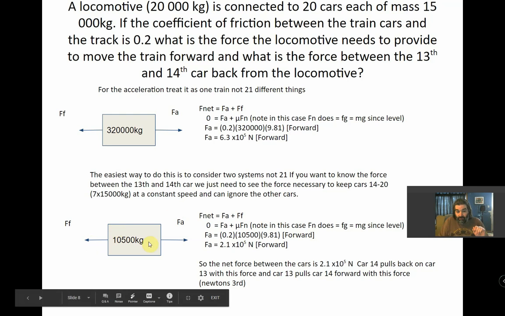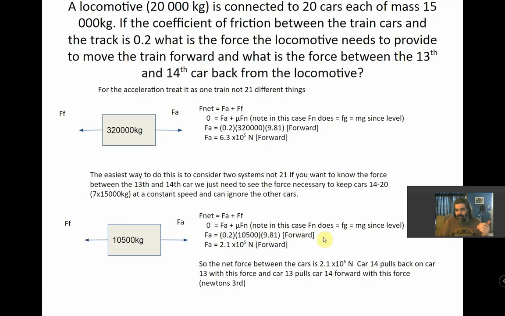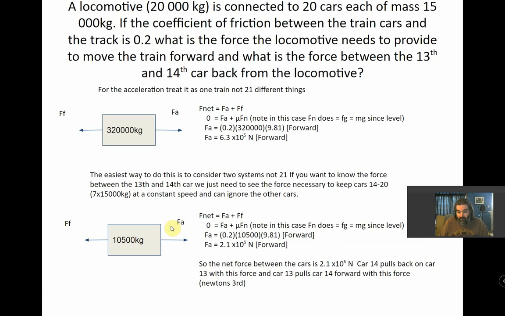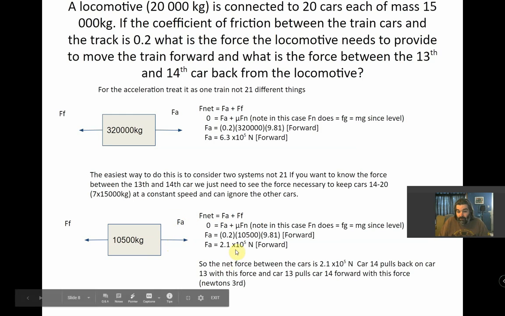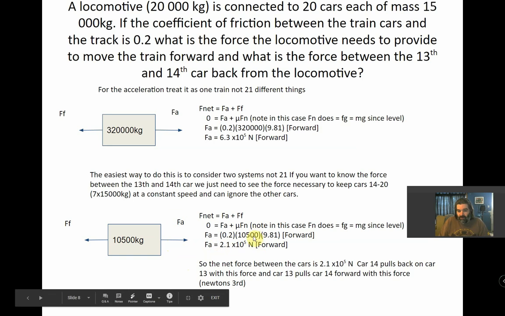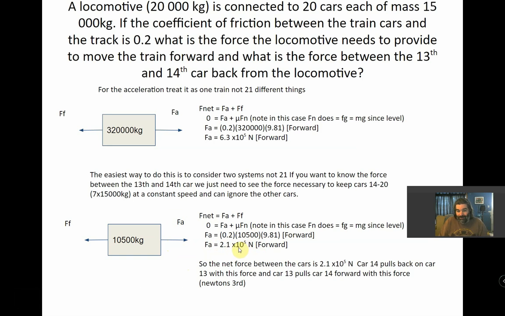Add up their masses, figure out, in this case, by the way, Fn does equal Fg, the force of friction on a mass of 105,000 kilograms, figure out the applied force, just because the net force has to be 0 to keep it moving. There's your Fa. Now, what does that mean? Well, that means that the 13th car is pulling forward on the 14th car with a force equal to this. By the way, I apologize, there should be an extra 0. I will fix that on the PowerPoint momentarily.